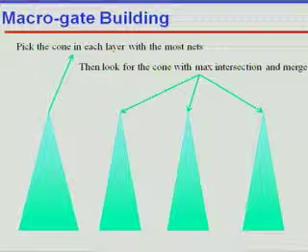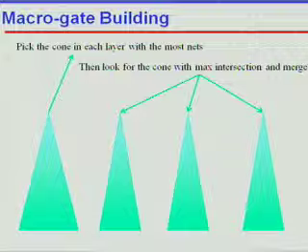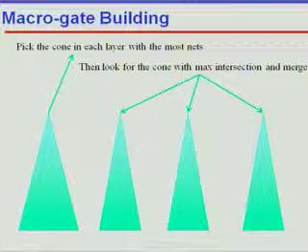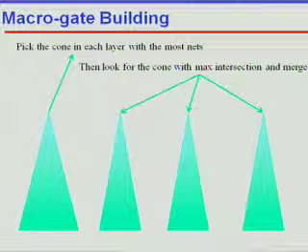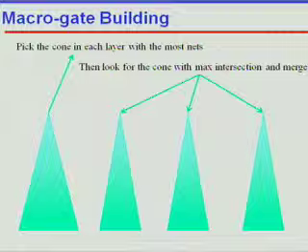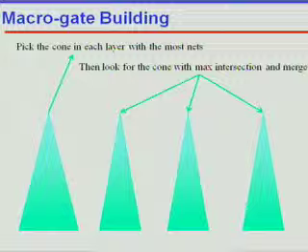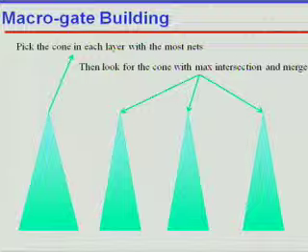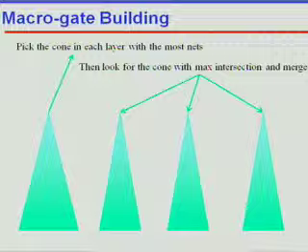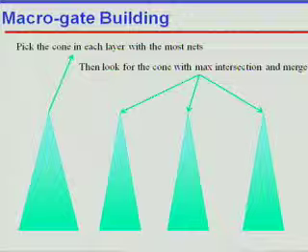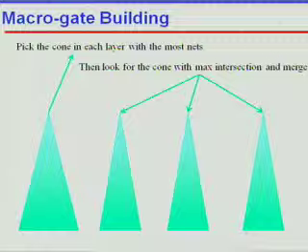So how do we build the macro gates? There is a problem there, because if the nets in the macro gates are not close enough, or the cones in each macro gate do not overlap, then we cannot guarantee that we have great parallelism.